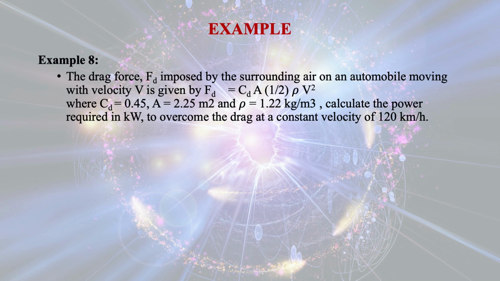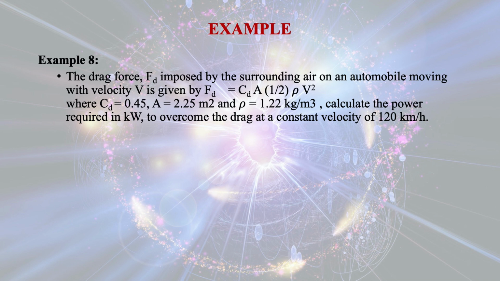In this case, CD is given as 0.45, area is given 2.25 meter square, rho is given as 1.22 kg per meter cube. Calculate the power required in kilowatt to overcome the drag at a constant velocity of 120 km per hour.